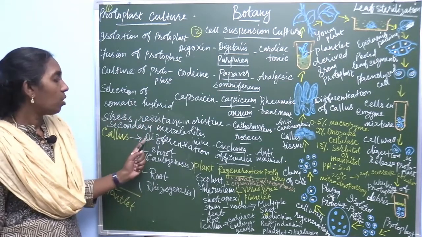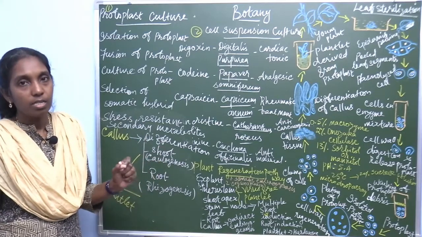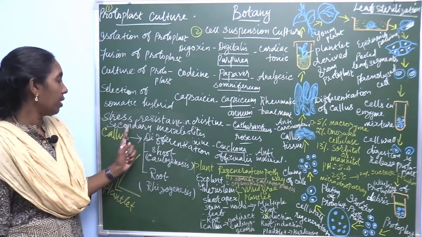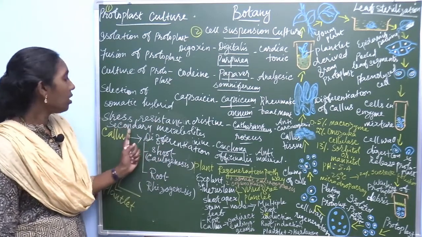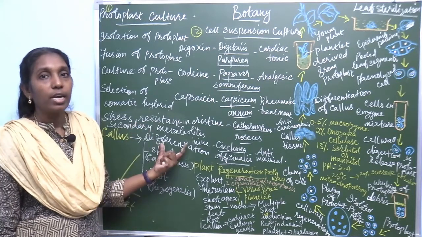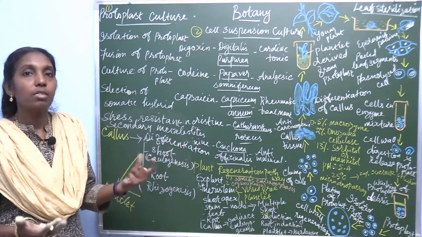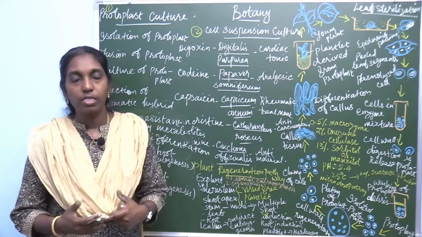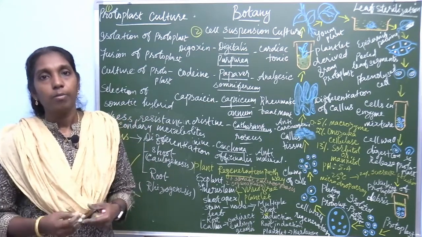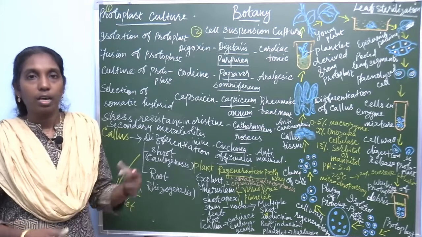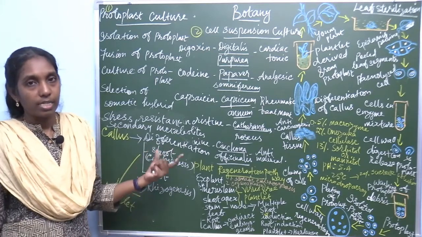So, these seeds are called syn seeds or artificial seeds, and can be produced by this technique. Also secondary metabolites, and it is also used to conserve biodiversity, and micropropagation is very much useful in forests.